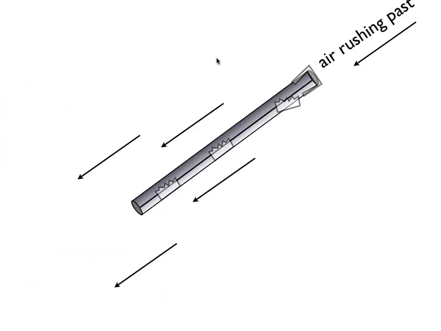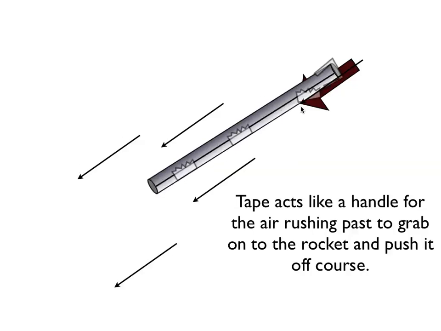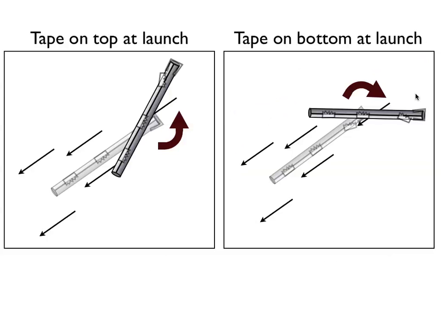Those air molecules are going, and then this little bit of air here is going to collide with the tape again, but the tape is on the other side. And so when the tape collides and it pushes against that, we're going to set up a rotation of the rocket again, but the rotation's going to go the other way. Look at the difference here.